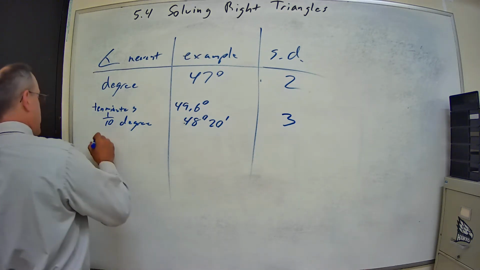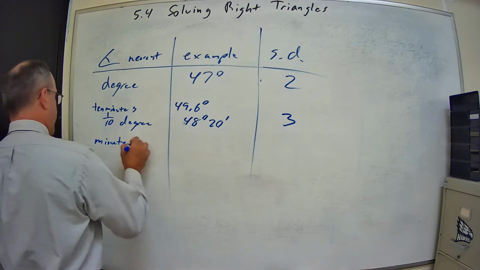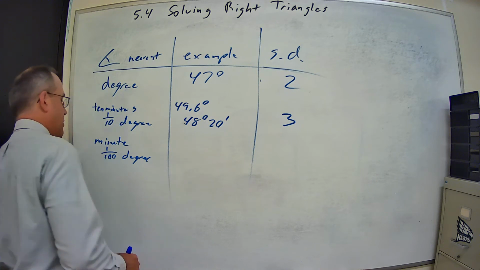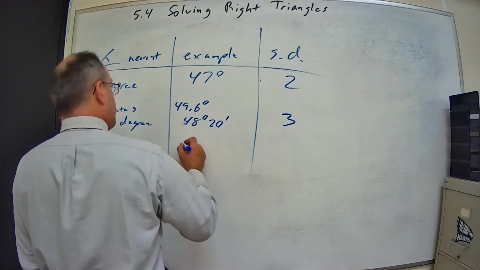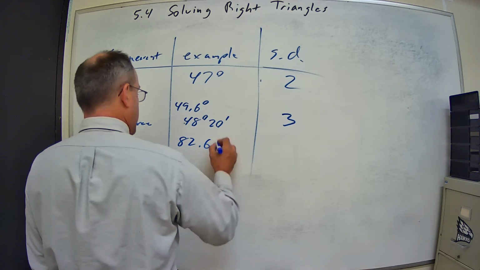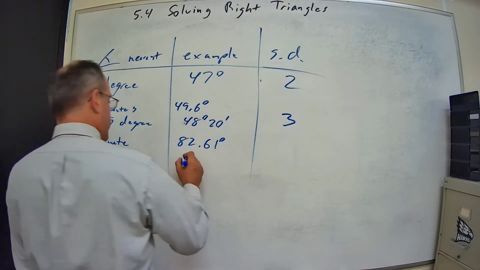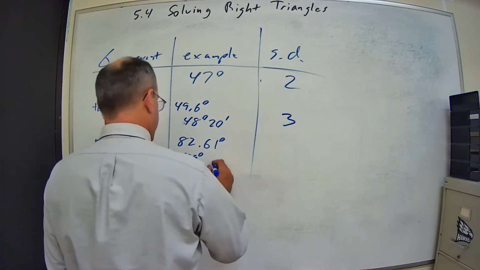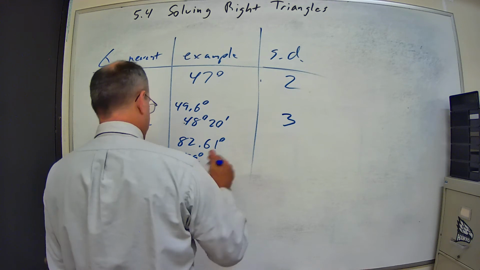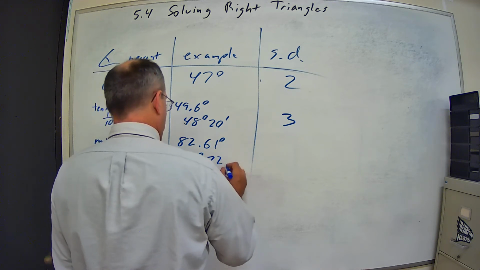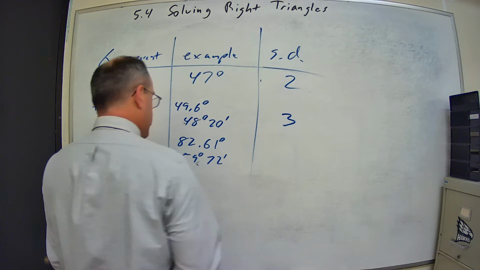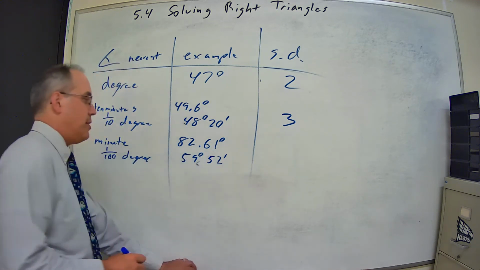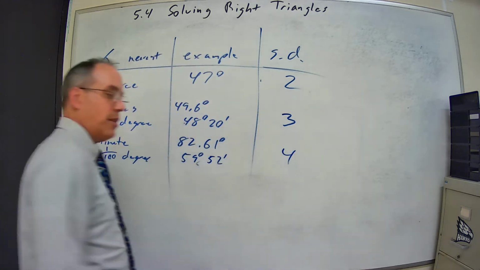If we have to the nearest minute, or 100th of a degree, such as 82.61 degrees, or 59 degrees, not 72 minutes, let's make it 52 minutes, then we can go to 4 significant digits.